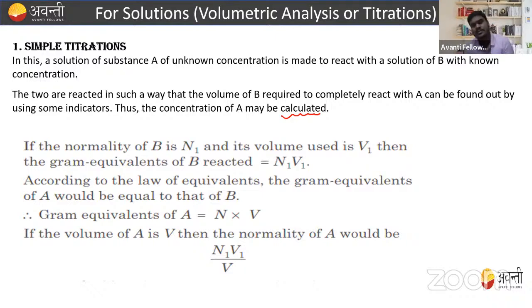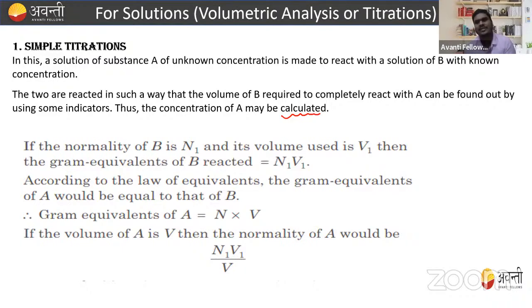So how does it take place, beta? Basically, the two are reacted in such a way that the volume of B required to completely react with A can be found out by using some indicators, just like we did in our lab when we treat KMnO4 with Mohr salt and titrate it.